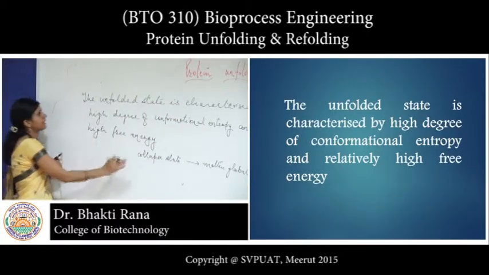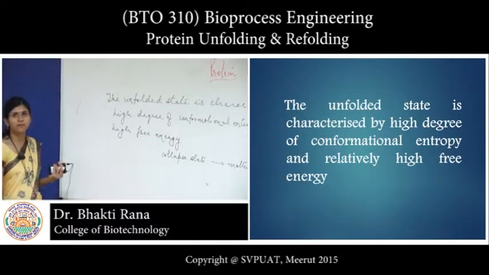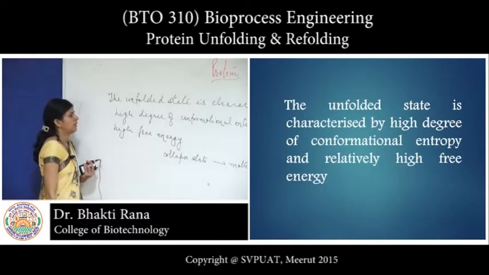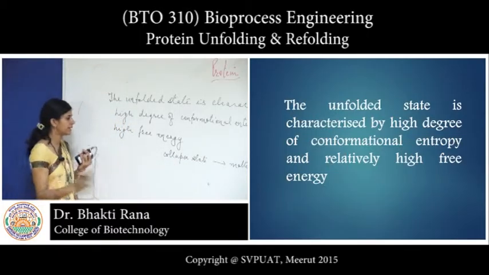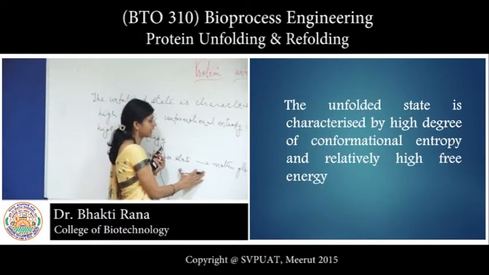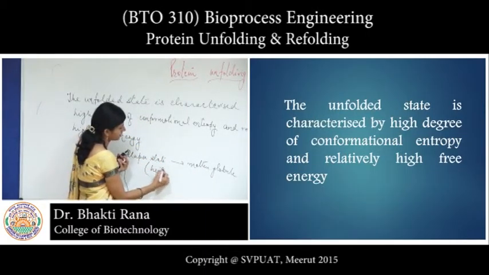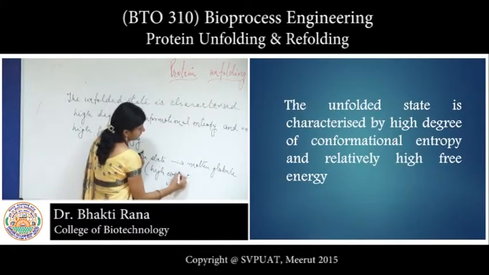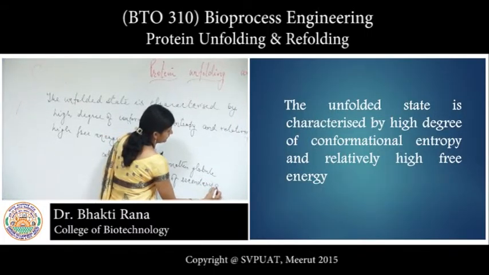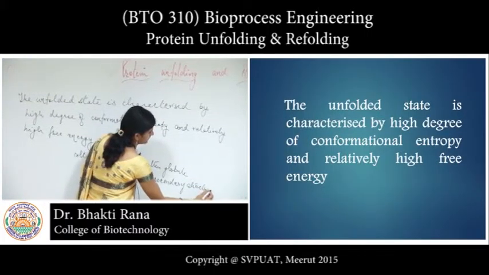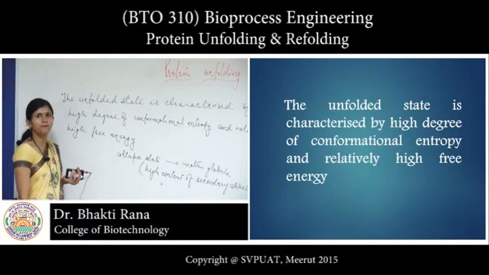The unfolded state is characterized by a high degree of conformational entropy and relatively high free energy. But you see that there is a collapsed state. When you are unfolding it, there is a state called the collapsed state, and this state is known as the molten globule, and there you have a high content of secondary structure. Secondary structure is prominent when you unfold a protein.